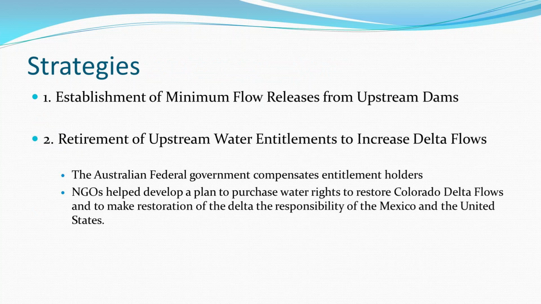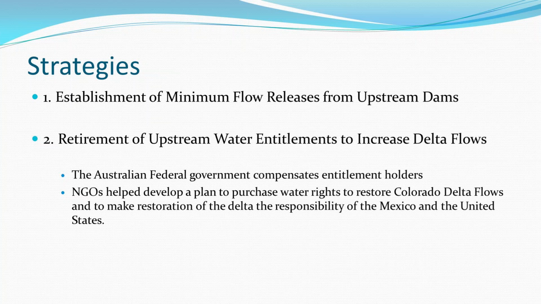Well, most major river systems are regulated. That is, they have upstream dams. We need to alter to some extent the operation of those dams to provide minimum flow releases for deltas.